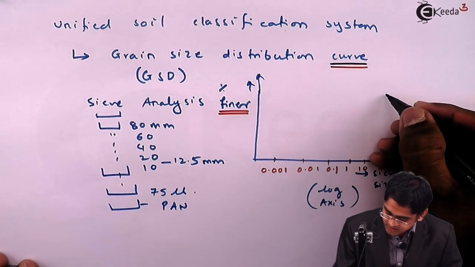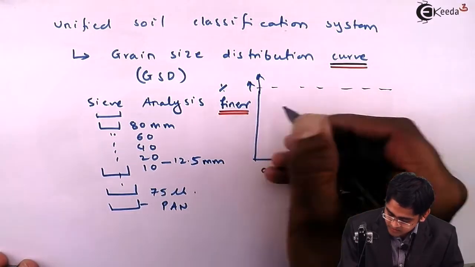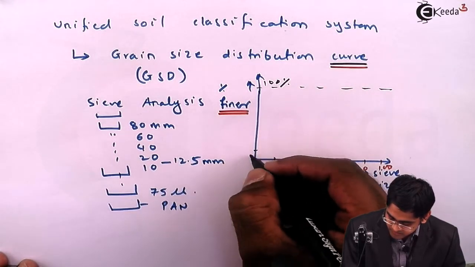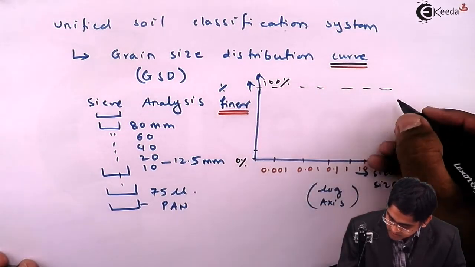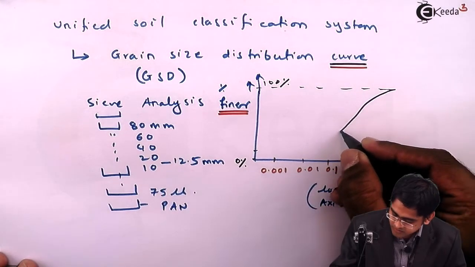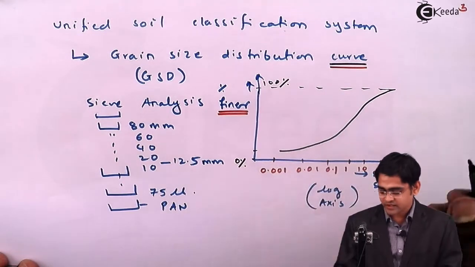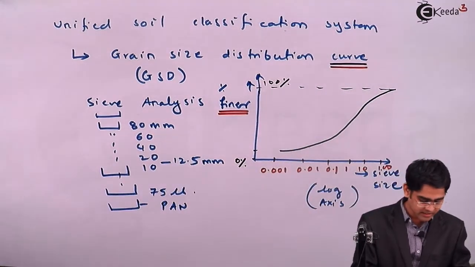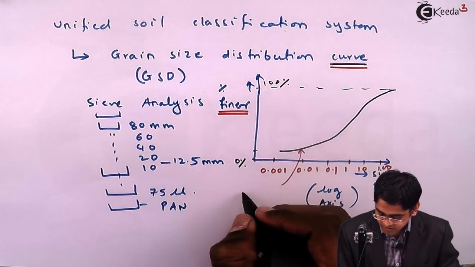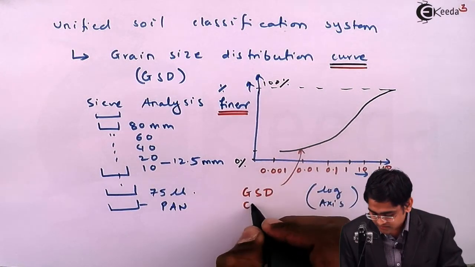It starts around 100 here, and gradually the curve goes and meets the 0% line, and this curve we name the grain size distribution curve, that is the GSD curve.